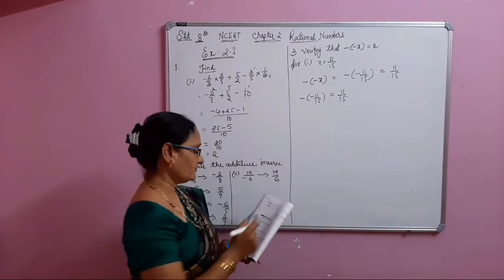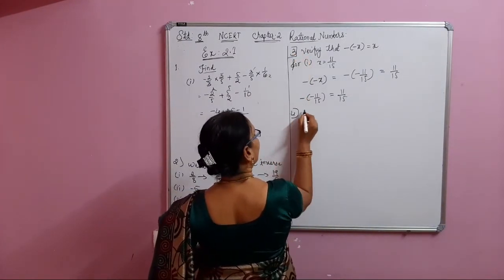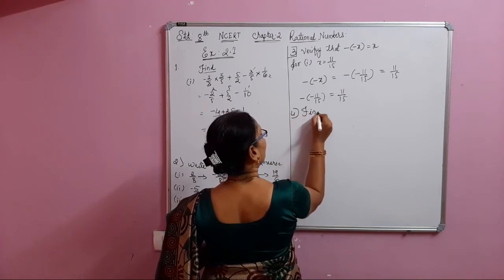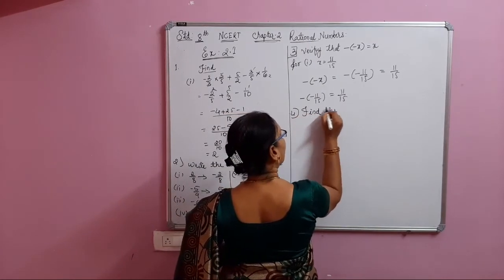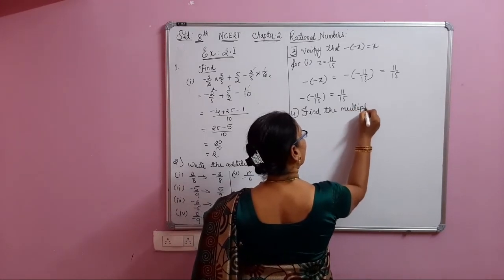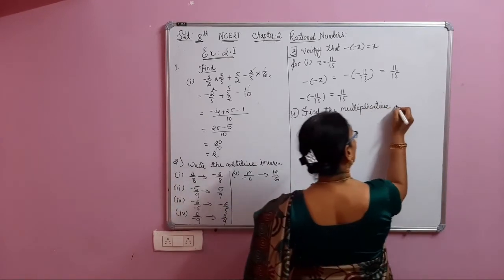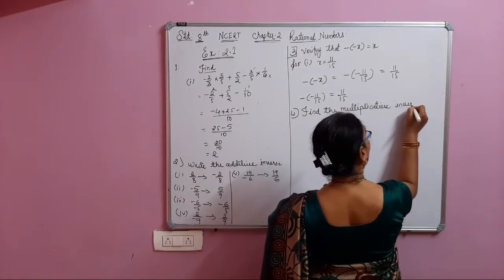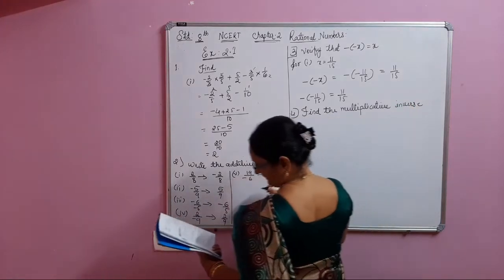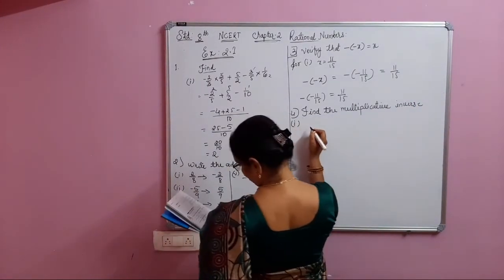Find the multiplicative inverse. This is the third main. See here, the sign will not change.